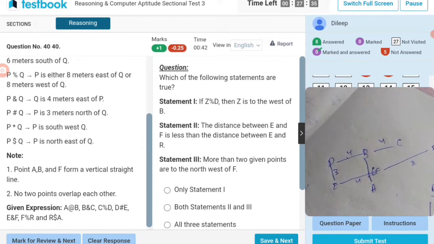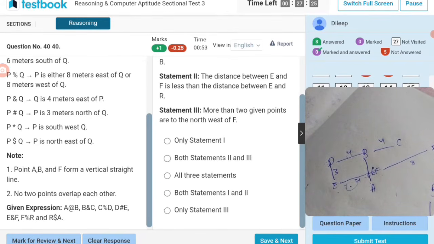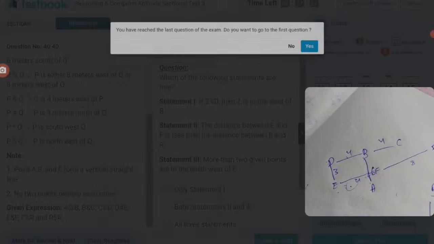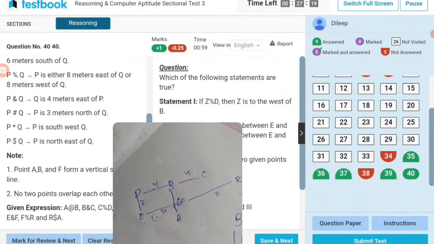The distance between the E and F, 4, is less than the E and R. So I think only 2 is not here. Next.